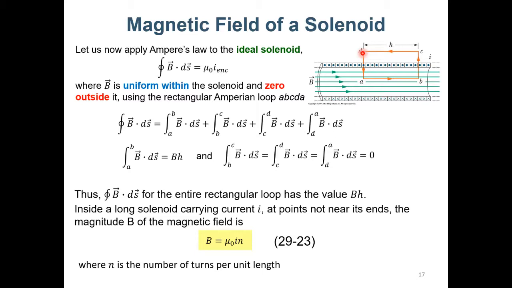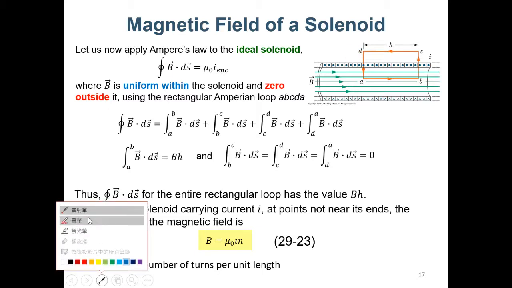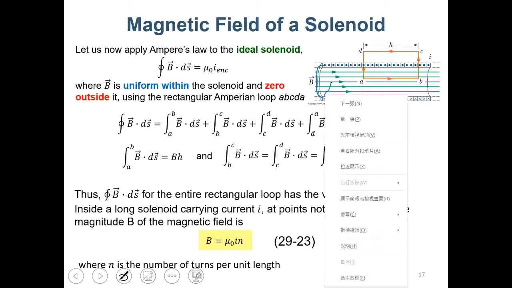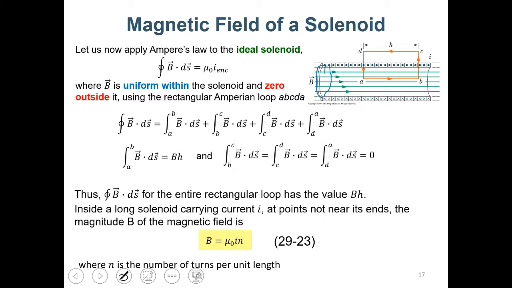Because it is a solenoid, if you just cut the solenoid in half, for the top ones the current is flowing out of the page, and for the lower row the current is going into the page. It's something like the current is going from here to here, and then to here, to here, something like this.